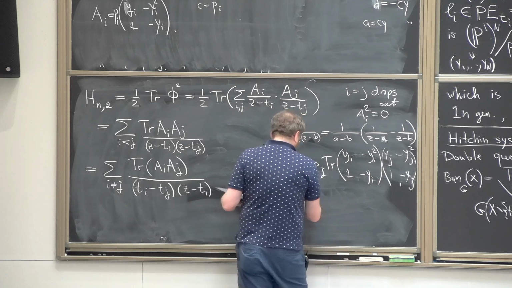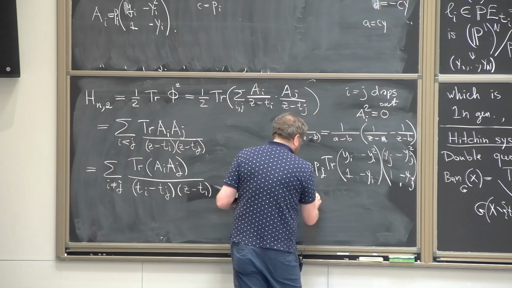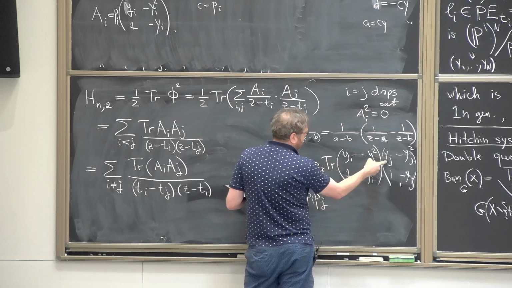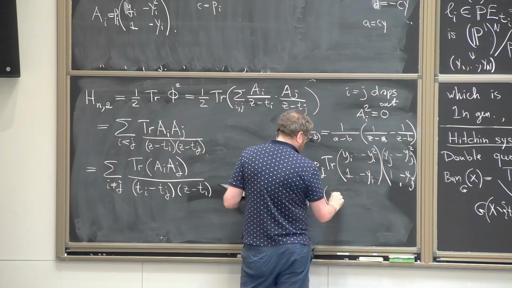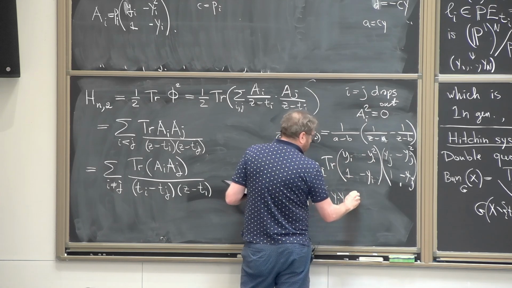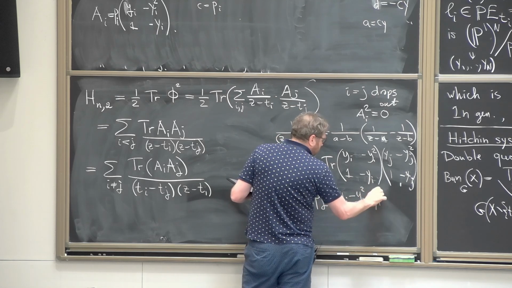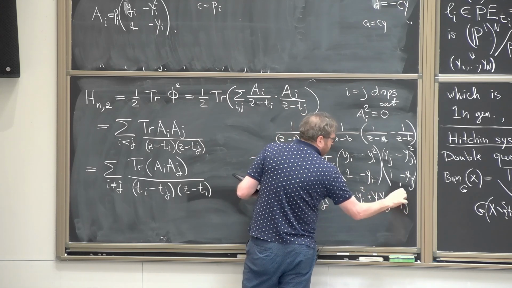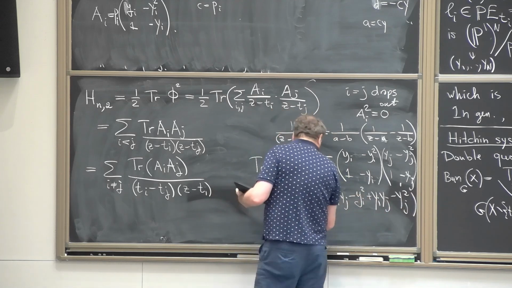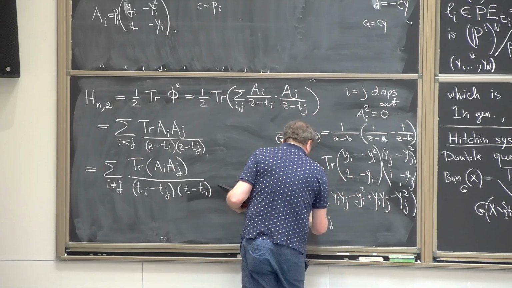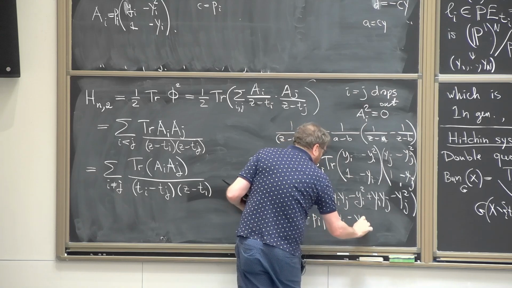So we've got p_i p_j, and then we've got y_i y_j minus y_i squared plus y_i y_j minus y_j squared. So this is equal to p_i p_j with a minus sign times (y_i minus y_j) squared.